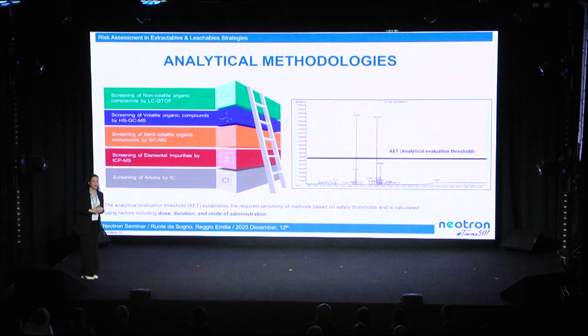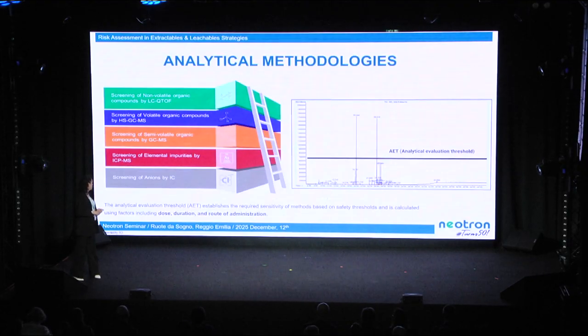But how can we evaluate if these compounds are of concern or not? We need to calculate a threshold. That is the analytical evaluation threshold, and it is based on both the sensitivity of the methods, of course, and the safety threshold. So we need toxicological prior information to calculate the analytical threshold.